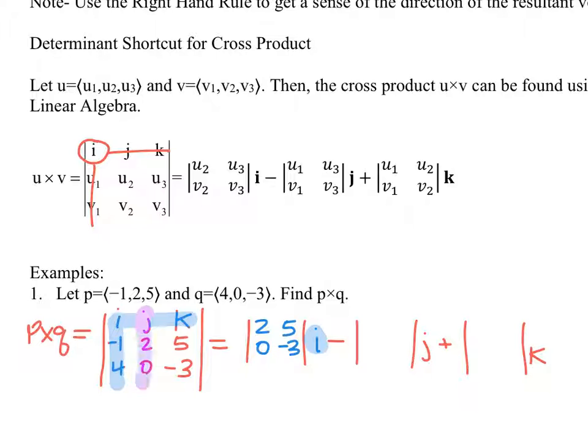And I'll do the same thing for J. So -1, 5, 4, -3. And then I guess red. Same thing for K. -1, 2, 4, 0.